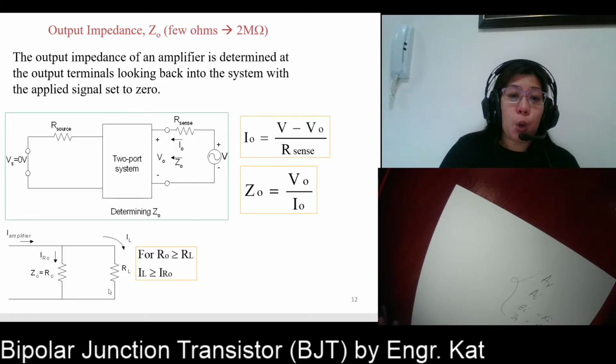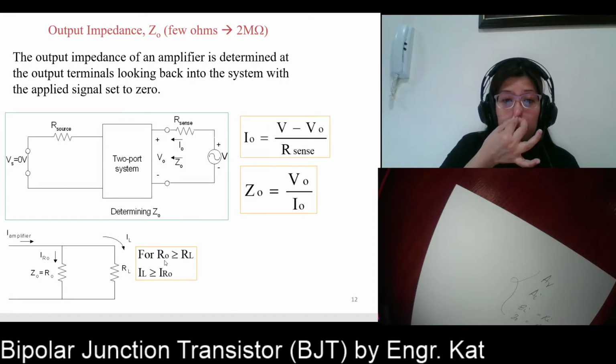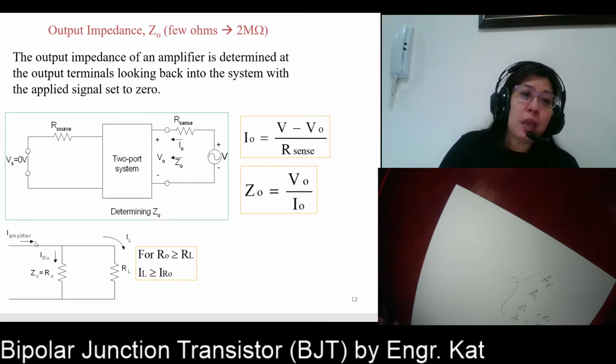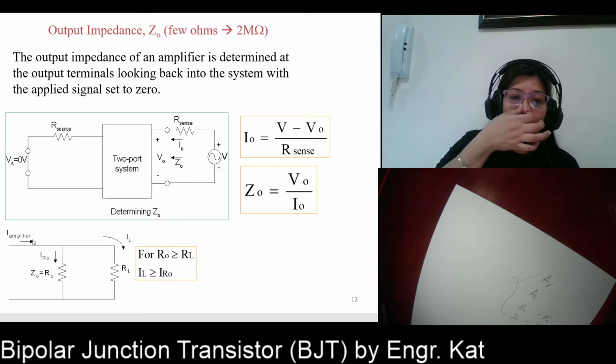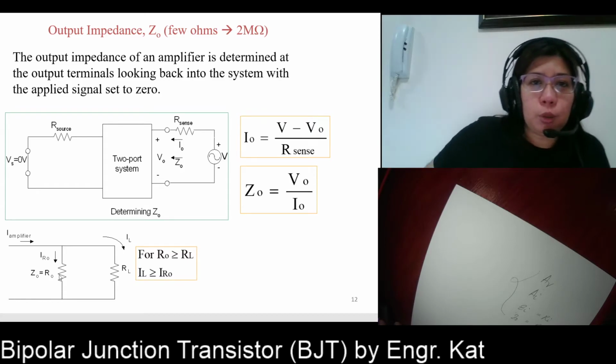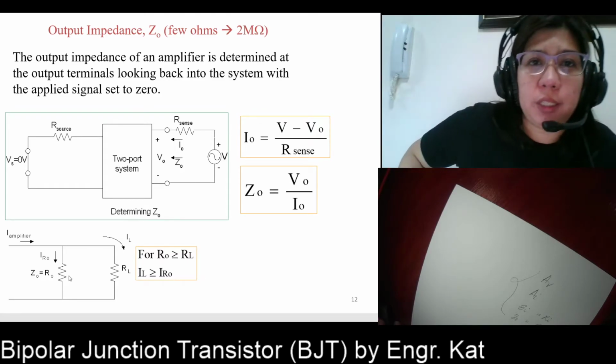Our main goal is for RO to be much greater than RL. If RO is very, very high, the majority of the current wants to flow across the load instead of your output impedance, because the current always chooses the lower resistance path.